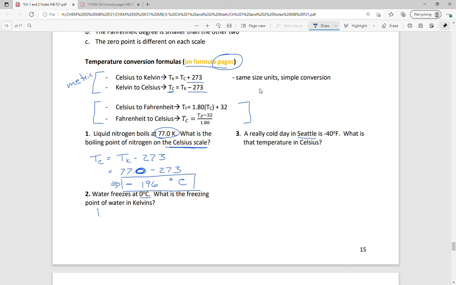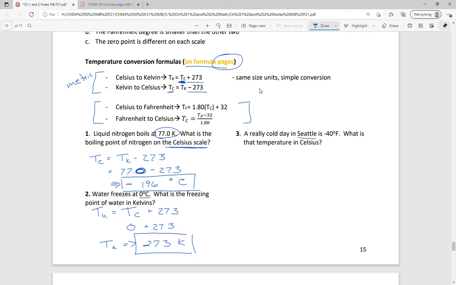We would like the temperature in kelvins when we know the temperature in Celsius. So the temperature in kelvins is the temperature in Celsius plus that 273. I would sub in 0 degrees Celsius plus the 273, and the temperature in kelvins is 273 degrees Kelvin.